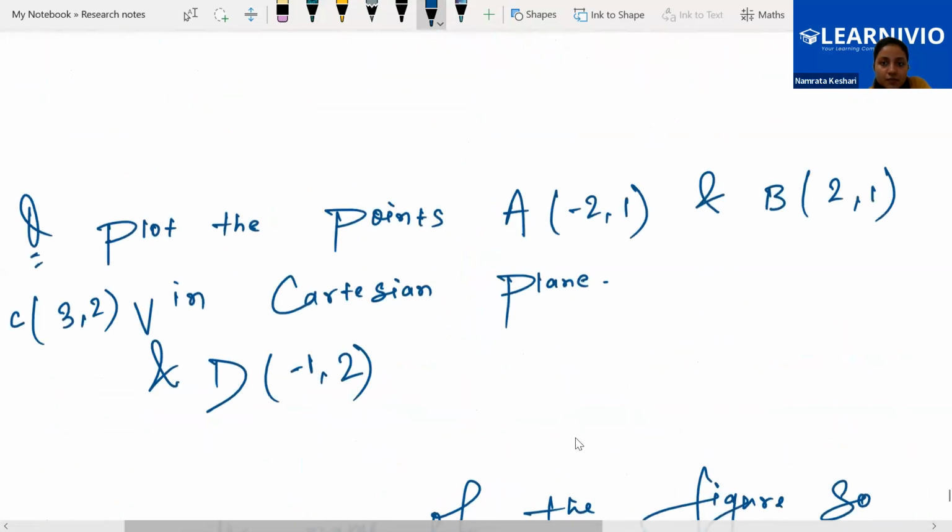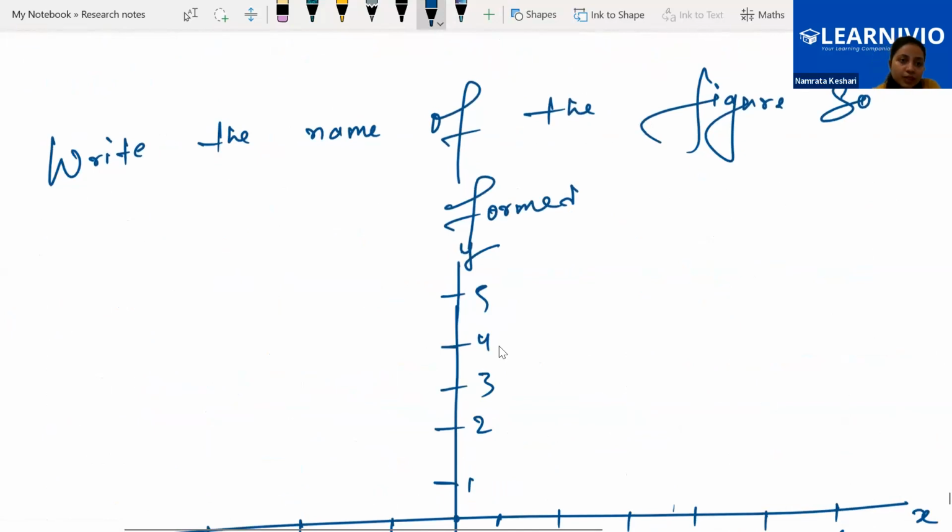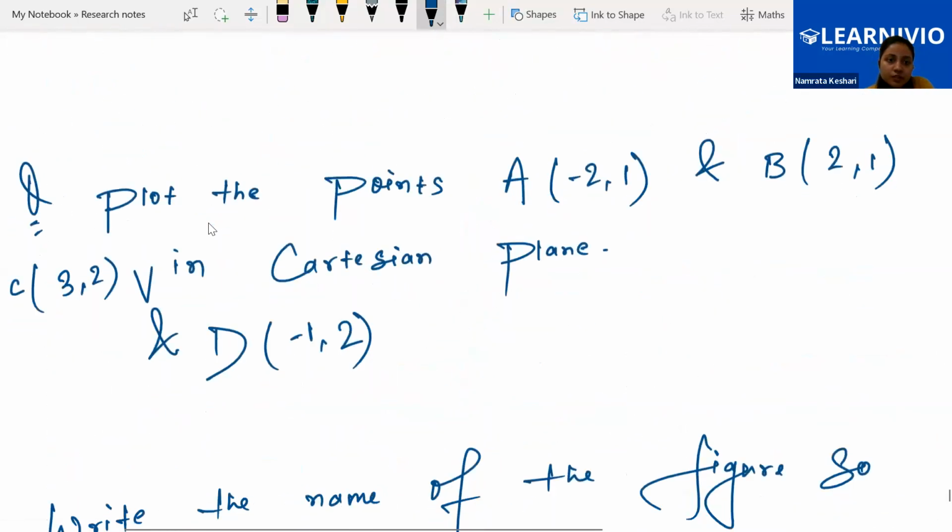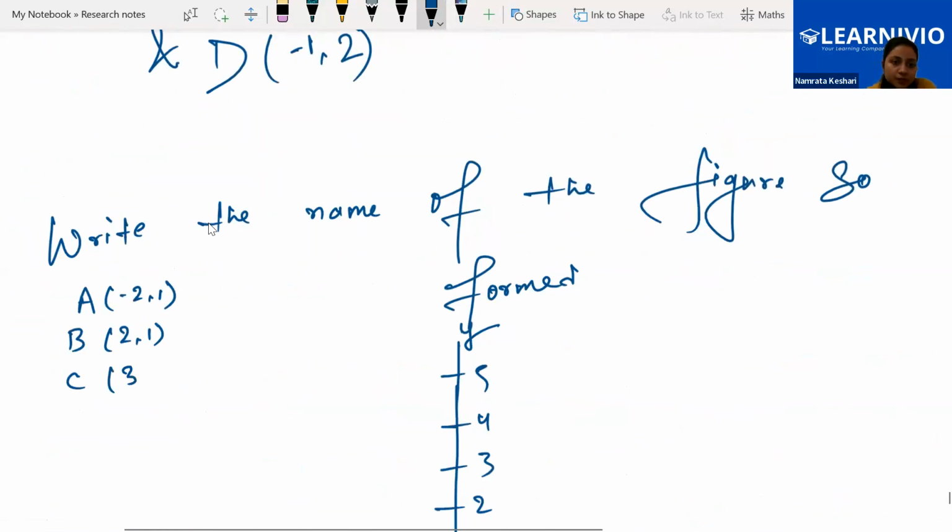Let me write it. A, B, C, D. A is -2 comma 1. B is 2 comma 1. C is 3 comma 2. And D is -1 comma 2. Okay, let's locate it.